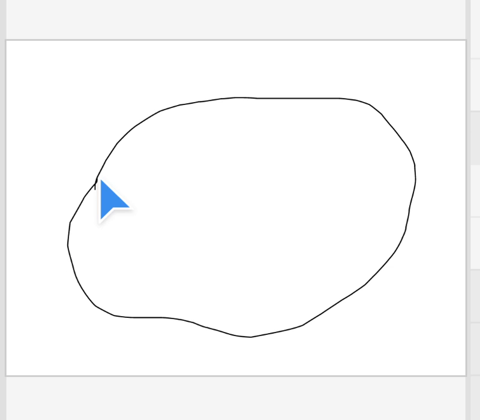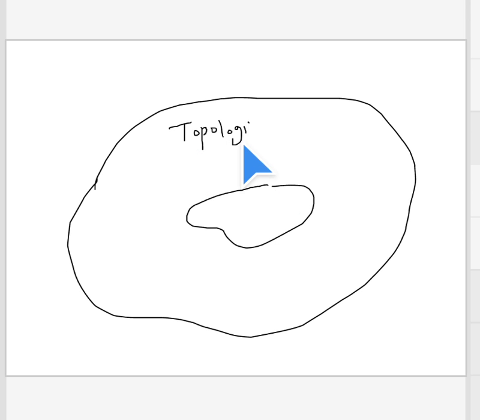Indeed, we have this diagram. This is topological spaces, and this is metric spaces. Every metric space is a topological space.